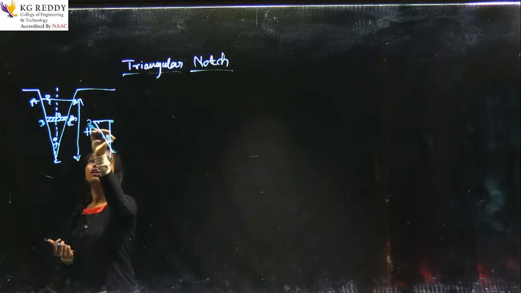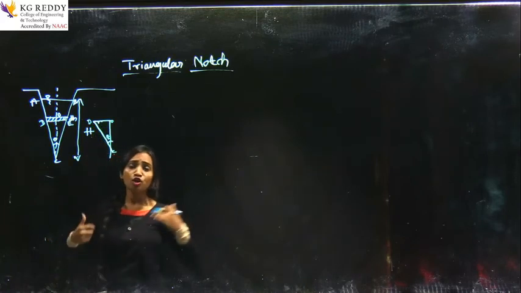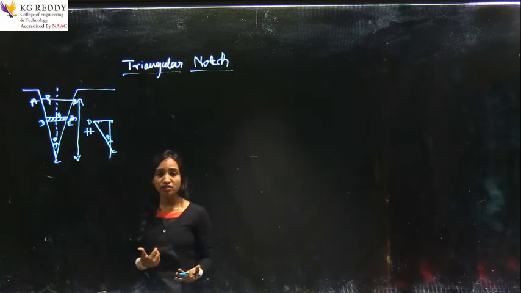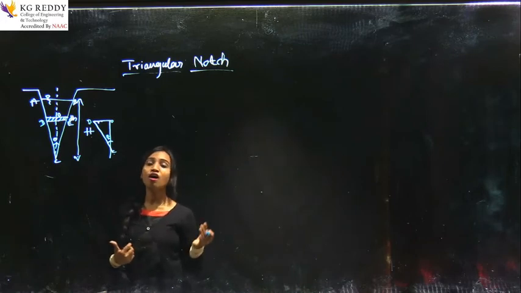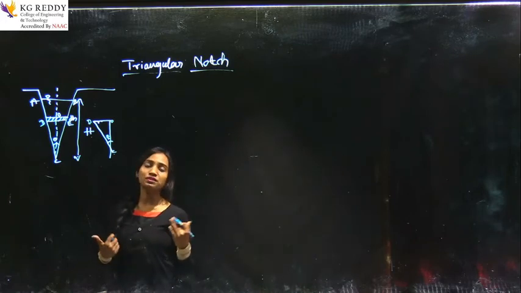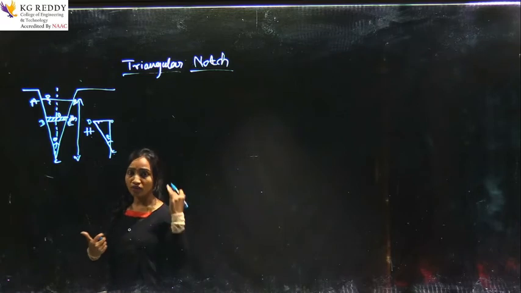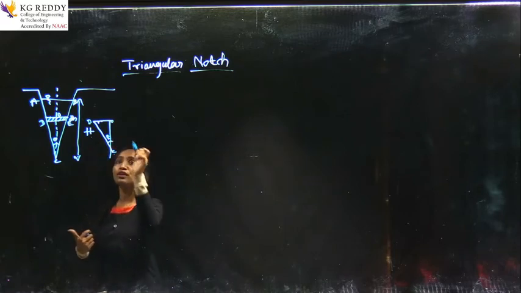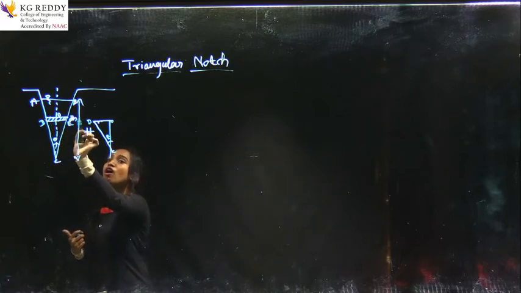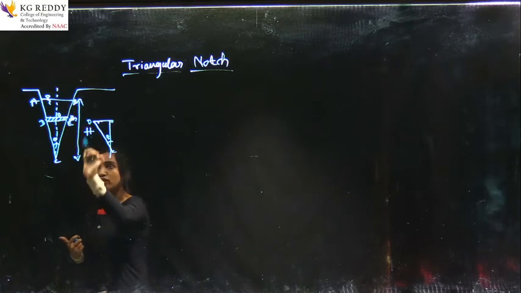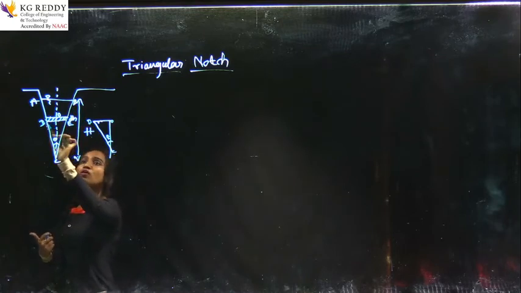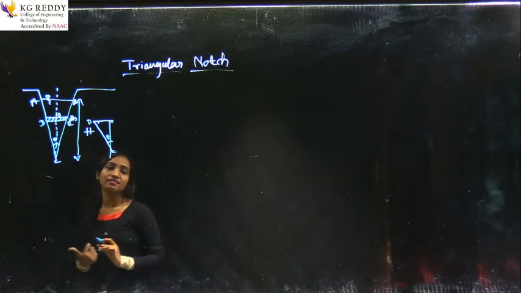To find any discharge, we should know the area, velocity and the coefficient of discharge. To understand this, we need to find the area of this small strip. To know the area, we should know DE, that is the length.